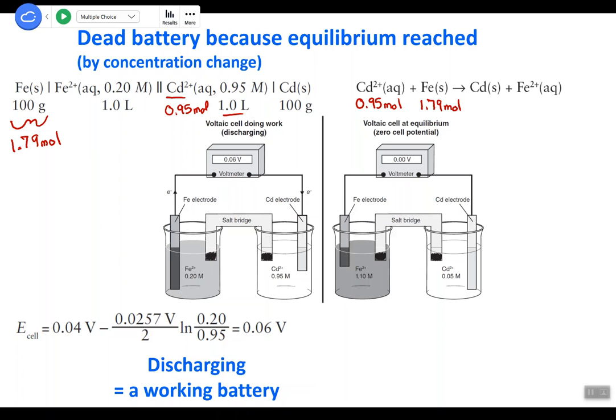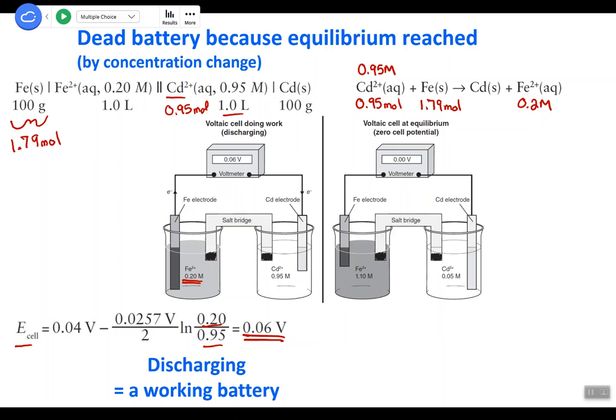Let's say we started with a 0.2 molar solution of the iron and a 0.95 molar solution of the cadmium. We could calculate the non-standard cell potential based on the ratio of these not 1 mole per liter solutions and see that the cell potential is positive, and spontaneously it proceeds.